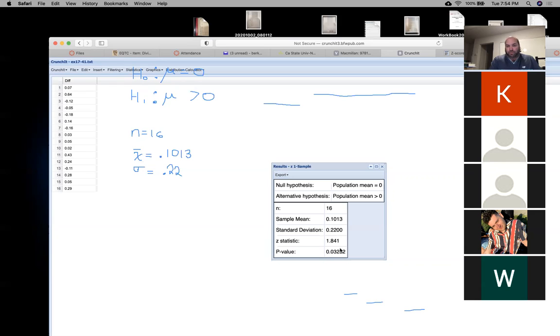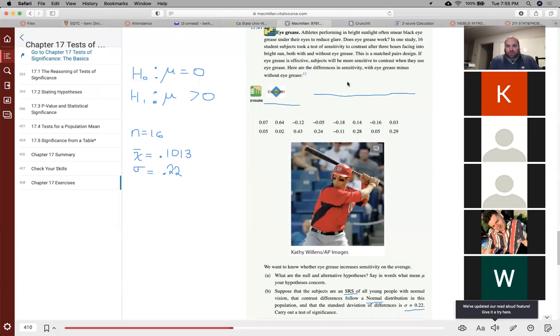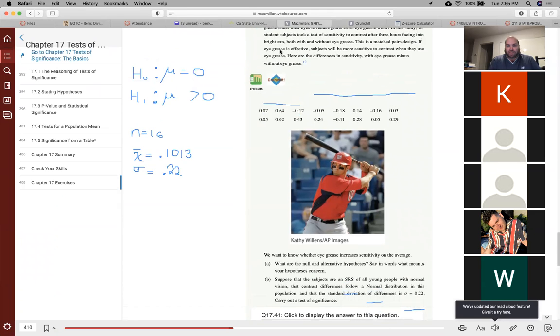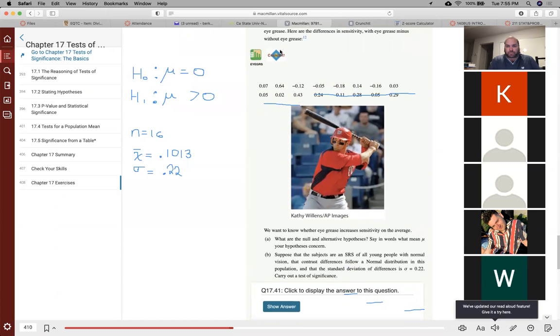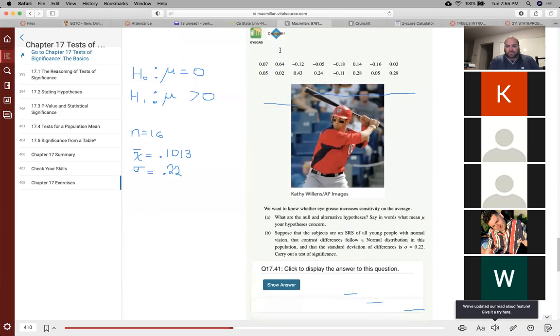And more importantly, it gives me my p-value. What's my p-value? 3%. So let's take a look. Do they give me an alpha in this problem? They do not give me an alpha.